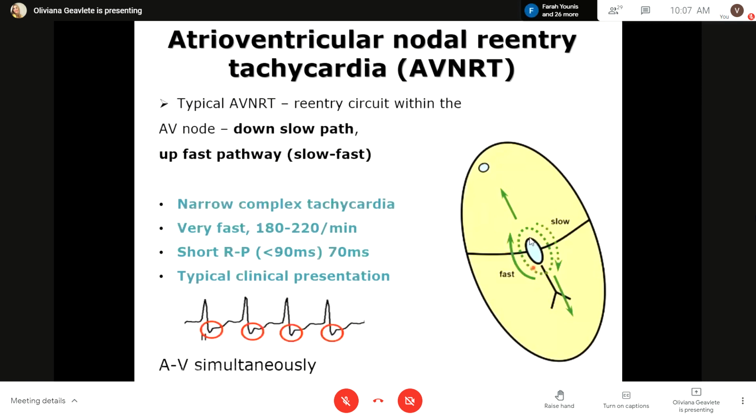That's why you have the P after the QRS complex. And you can have the P within the QRS complex and you don't see the P wave because the atria and the ventricle are activated almost simultaneously.